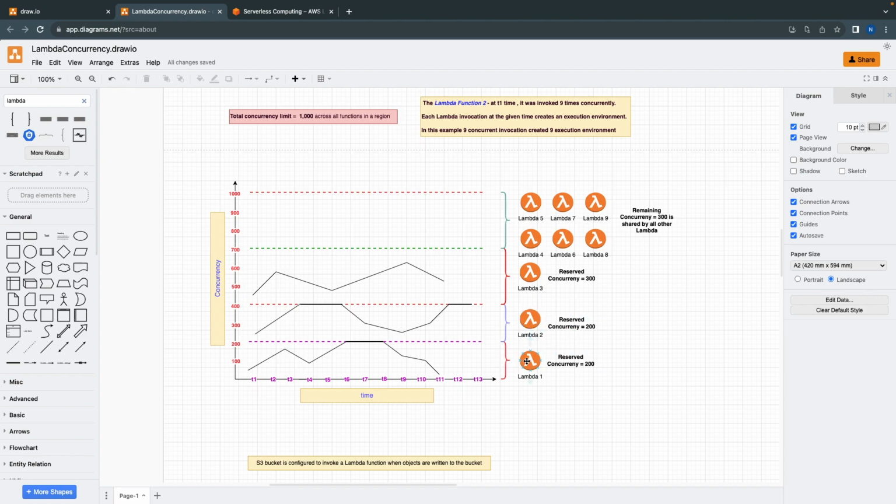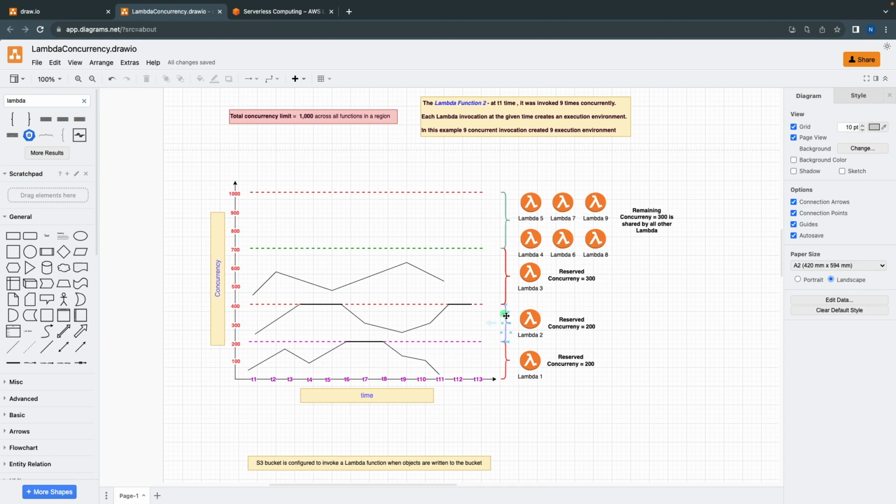So for example, here for Lambda 1, I've set a reserved concurrency limit of 200, which means if you get invocations beyond 300, it can only provision execution environments up to 200, and beyond that the subsequent requests would be processed by the pre-provisioned execution environments.